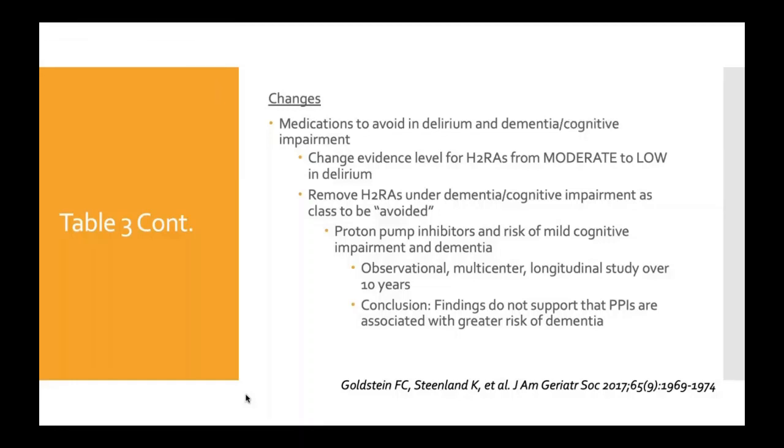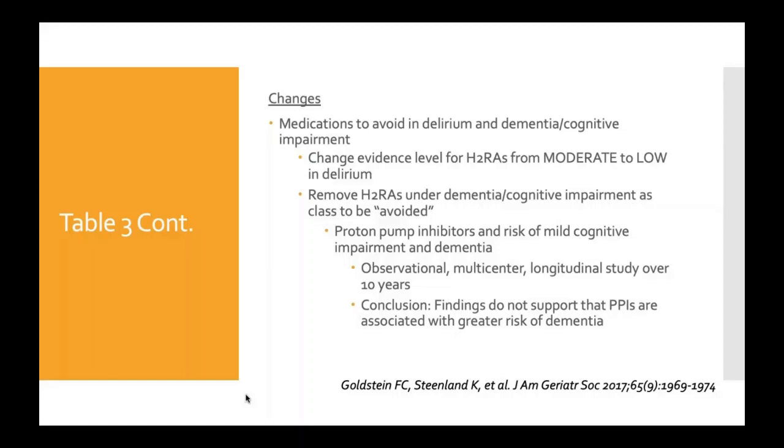It was a large observational multi-center longitudinal study over 10 years from 2005 to 2015. And basically every proton pump inhibitor agent that's on the market was looked at. And the study actually did control for H2RA use.